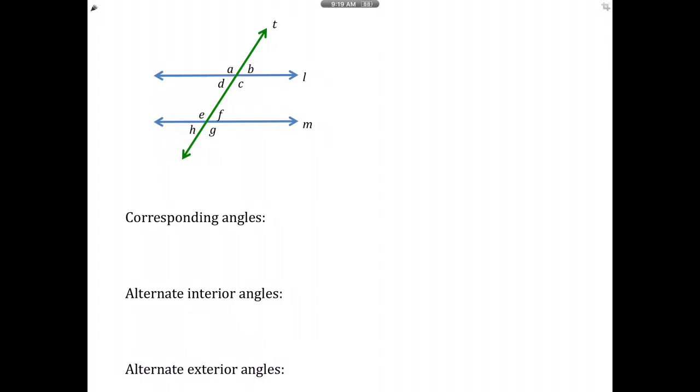You see, this is the interior, obviously, and this is the exterior.